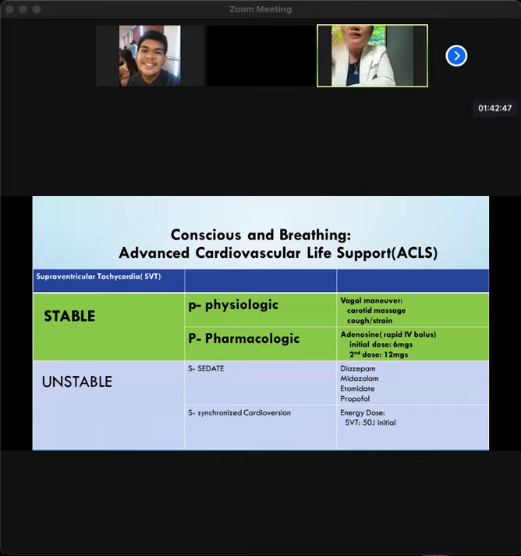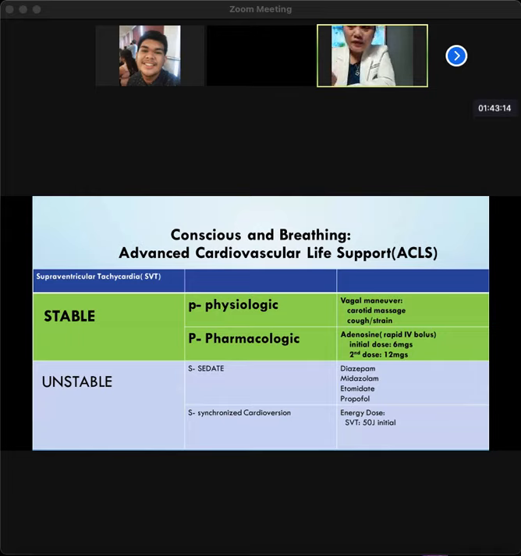If 90/60 and above, stable siya. So what are the treatments? You go first for physiologic treatment. Okay? What are you going to do for physiologic treatment? You do your vagal maneuver. So, we have 2 maneuvers to do your vagal stimulation. So, do your carotid massage.